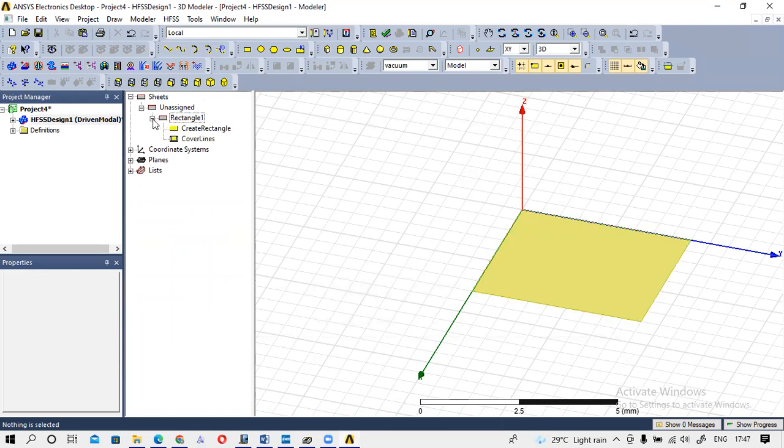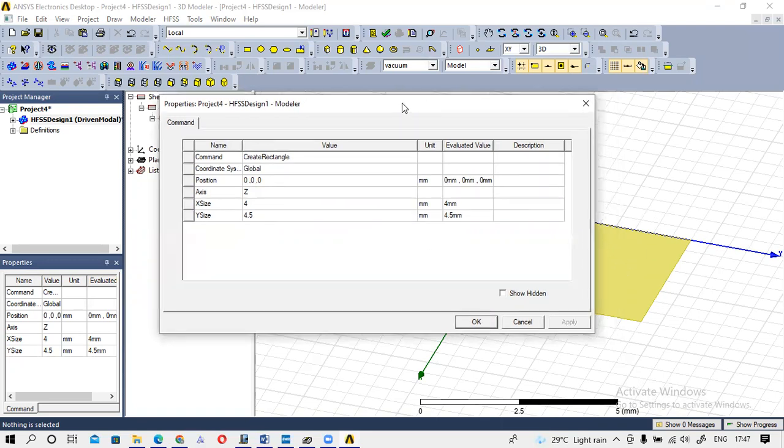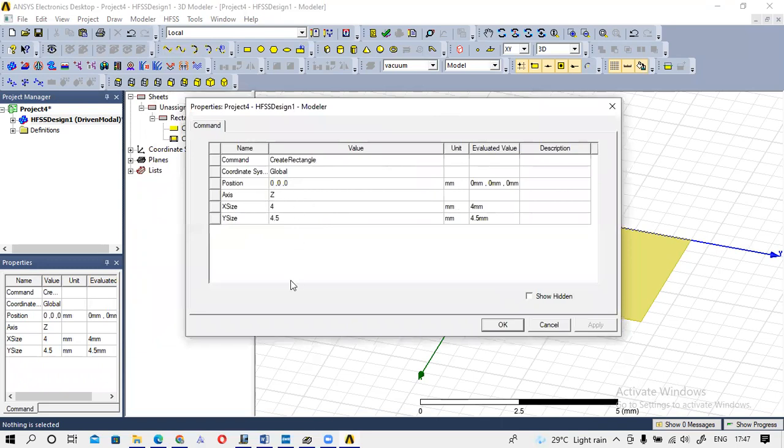Now if I double click this create rectangle, I can get the coordinates related to the rectangle. Here I can change the position and the dimension of this rectangle. To get the idea, I will make the position 0, 0, 0, and let's say the x-axis length is 1 millimeter and the y-axis length is 1 millimeter.